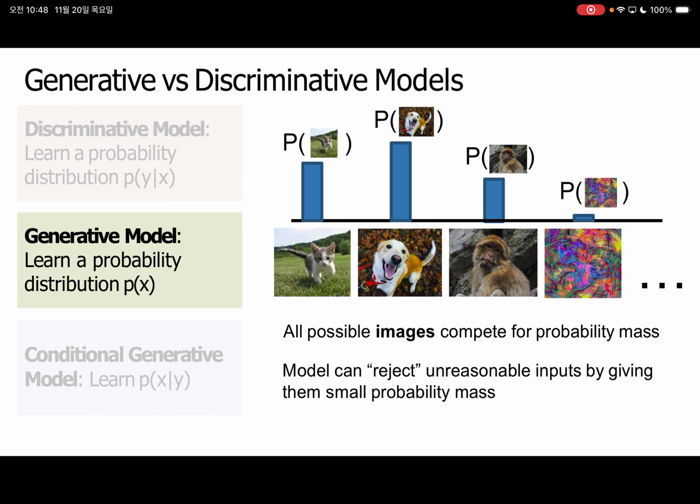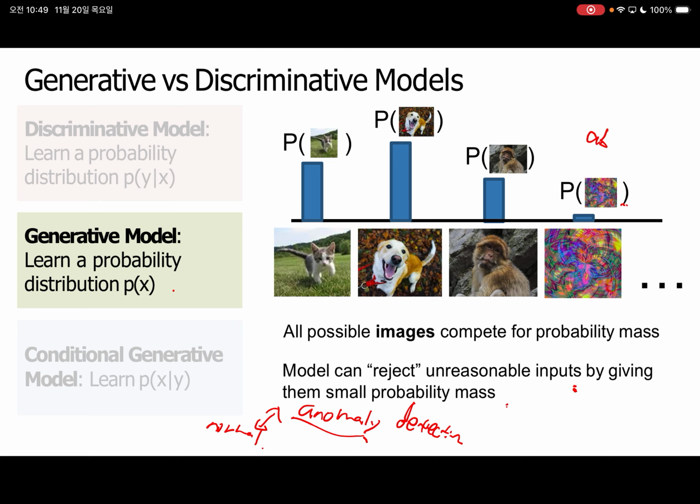Based on this kind of generative model, we can reject unreasonable inputs by giving them a small probability mass, right? That is actually called anomaly detection. Anomaly is the opposite word of normal. Something not normal is abnormal. This kind of thing is abnormal, right?